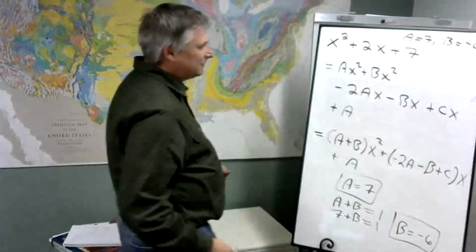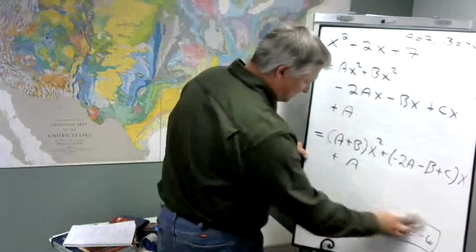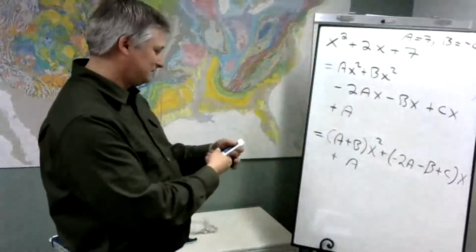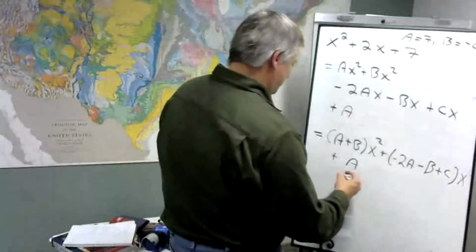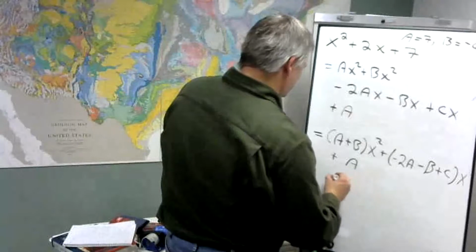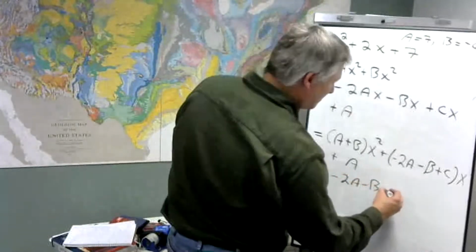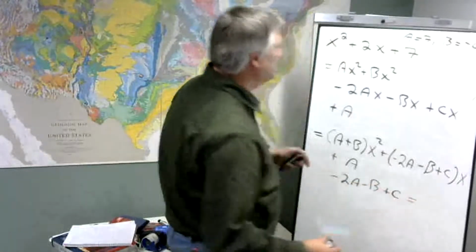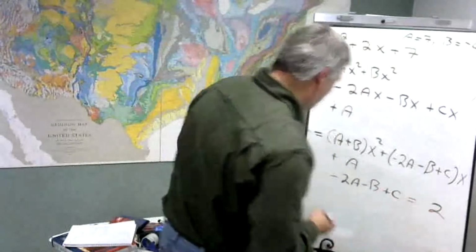So finally, I'm going to find C. So we have minus 2a minus b plus c is equal to, and then the x term is 2.